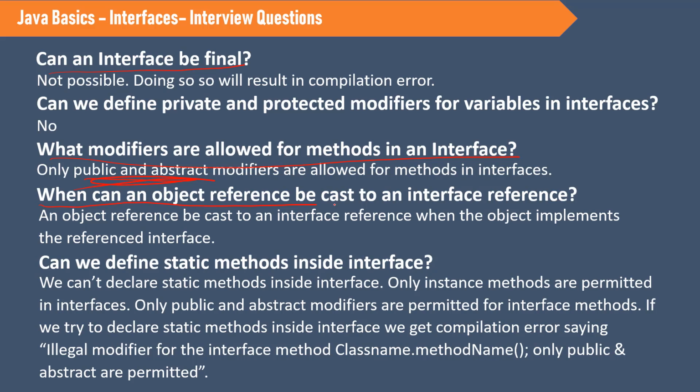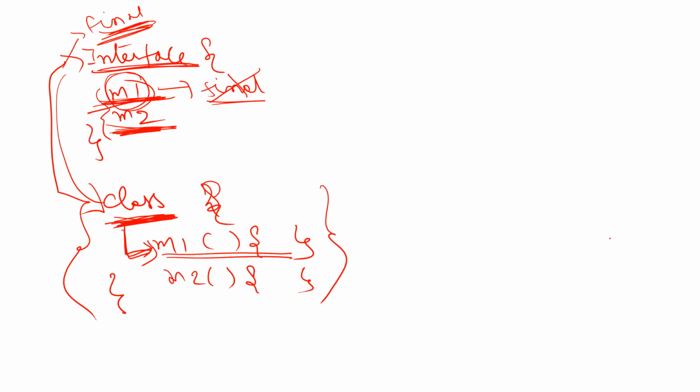When can an object reference be cast to an interface reference? This one we have seen in the previous video. So this is an interface and this is a class. Let's say the name of this class is action and it is implementing this interface, let's say interface 1.